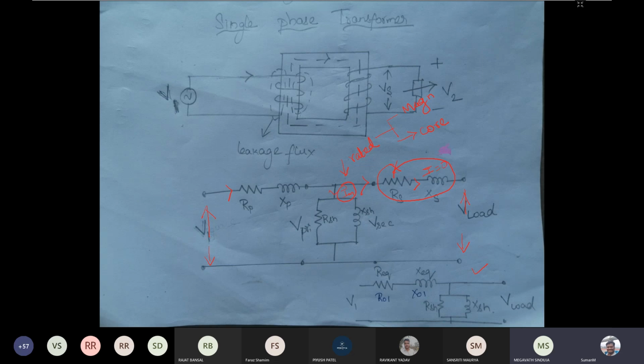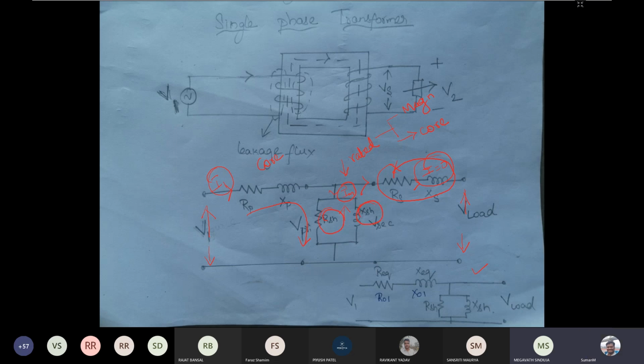It means that the primary current will be equal to the magnetization current. From this we can obtain the core loss of the system, and also the shunt element parameters from the open circuit test.